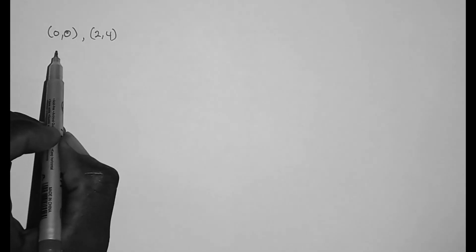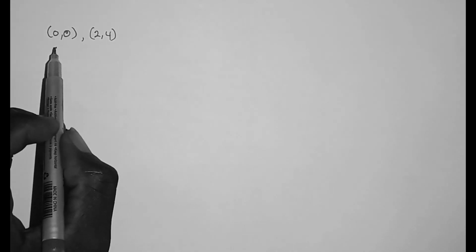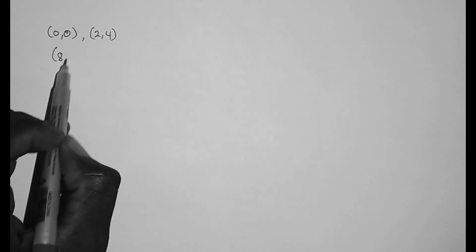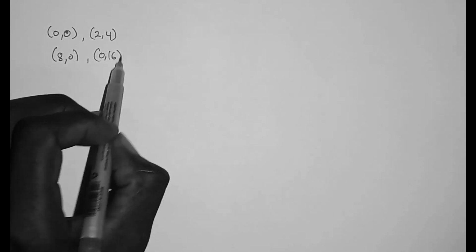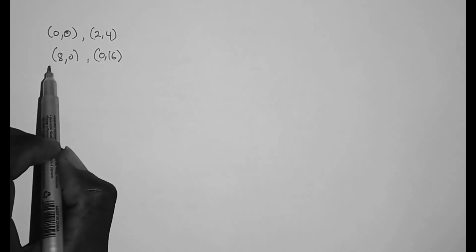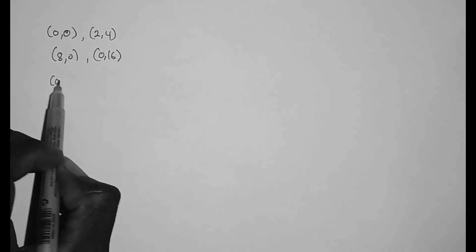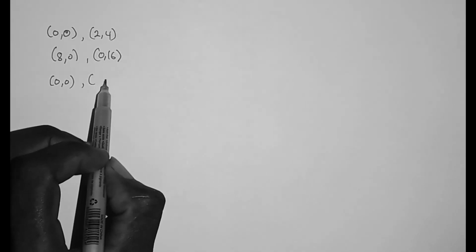We have the point 0, 0, and also the point 2, 4. Then we also have the point 8, 0, and the point 0, 16. Then we have 0, 0 again, which we've already written, and another point which is 6, 2.